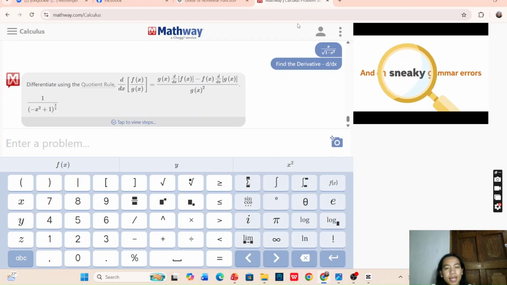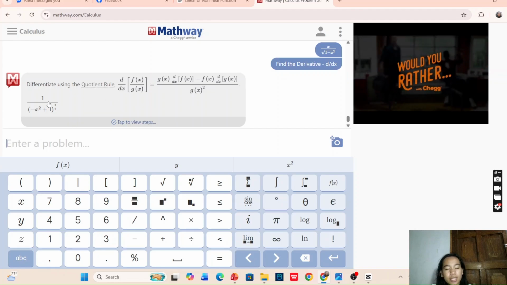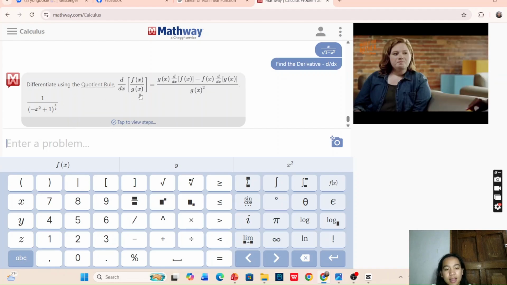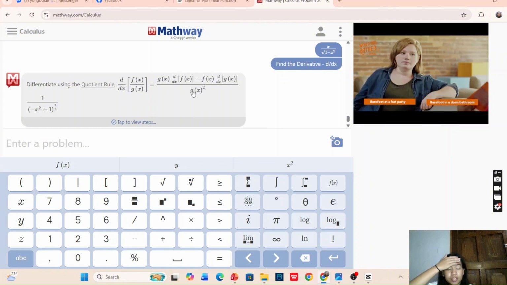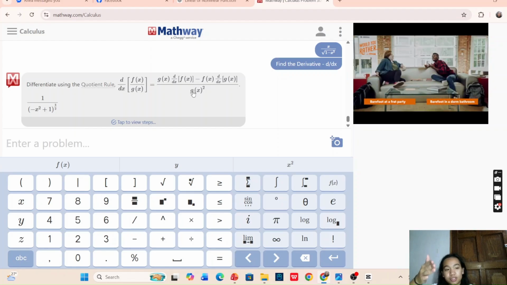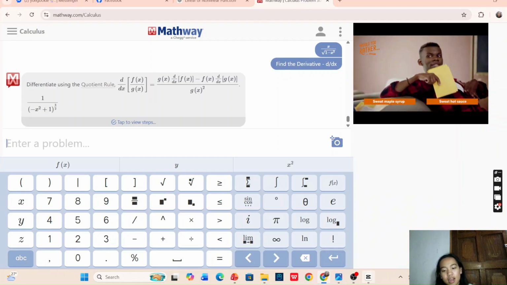Applying all the operations, it simply gives us 1 all over negative x squared plus 1 to the power of 3 halves, and of course we have our denominator, which remains untouched. And that gives us this answer.